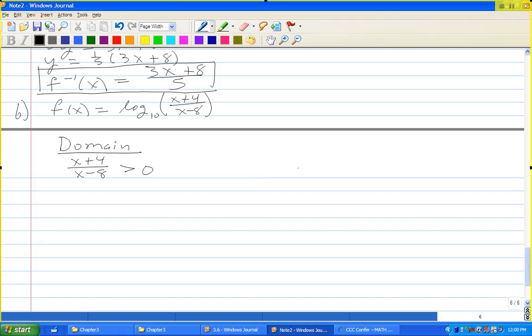So let me put this on a number line. Let's find the critical numbers, found by setting the numerator and the denominator to 0.